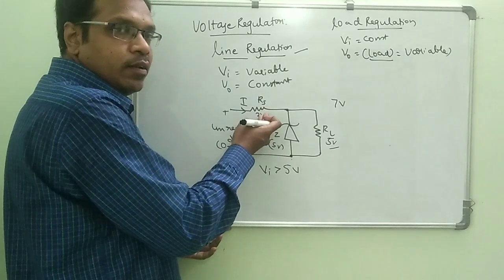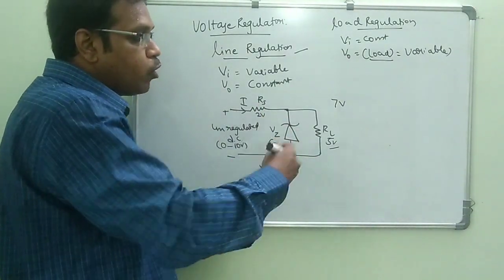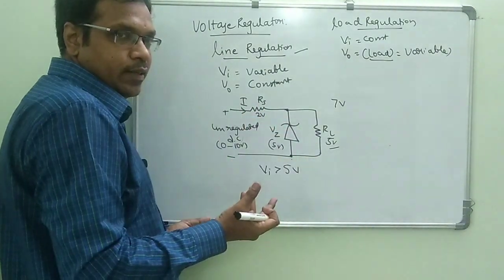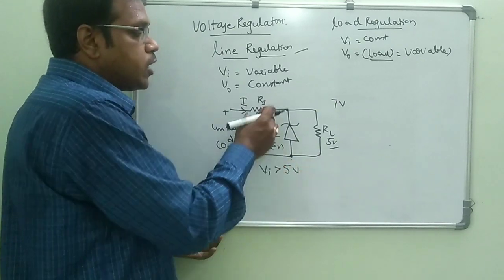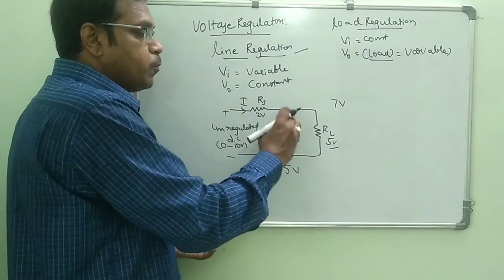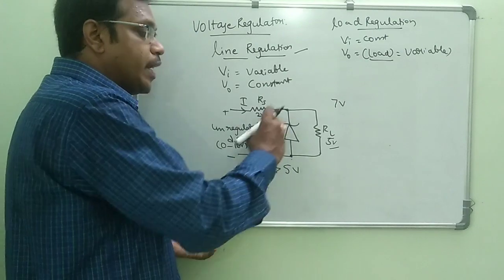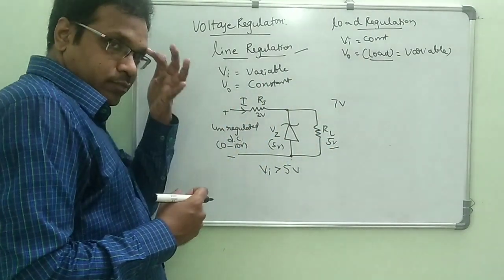If you don't use it, the Zener will be spoiled because more power will be generated in it. So we use it to protect the Zener and to get it into the breakdown region.